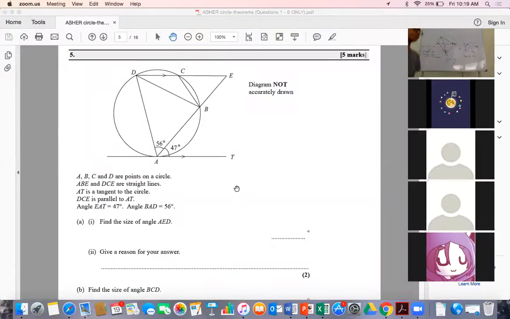Number 5. I have A, B, C, and E points on a circle.